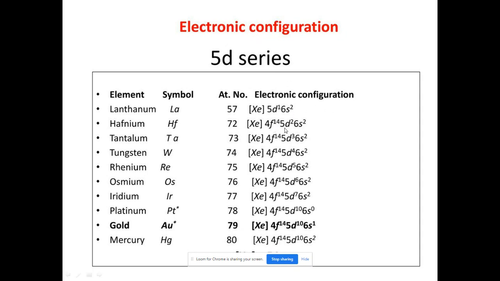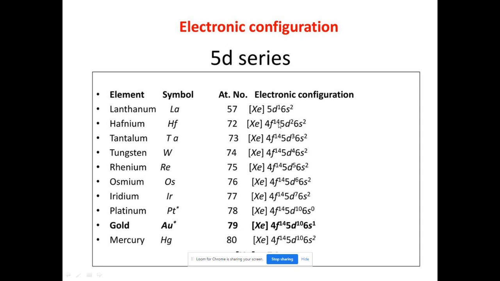And the 5d subshell gets its electron only when the 4f subshell is completely filled up to its capacity, which is achieved in the case of lutetium. These 14 elements from cerium to lutetium are known as lanthanides, f block elements. As I have already said, after lanthanum the next electron does not enter into the 5d subshell until the 4f subshell is completely filled.